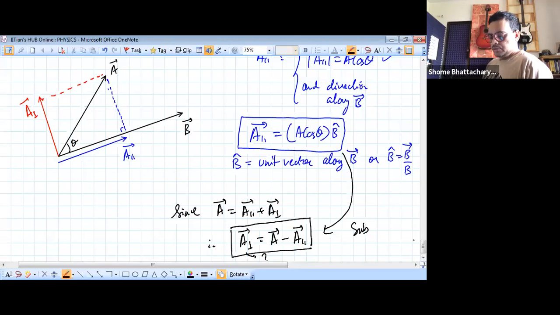Okay, so let's do one question directly from your module as an example of this. So in parallel, there will be no difference between A cos theta and A cos theta B cap?